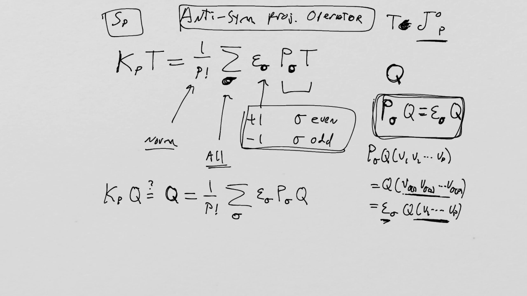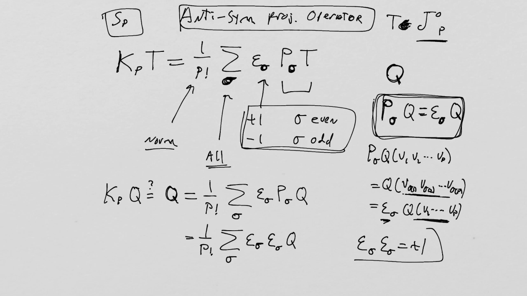That's this definition right here, where T is Q. Now Q has this property: P sigma of Q equals the Levi-Civita of sigma on Q. So this is 1 over P factorial times the sum over all permutations of epsilon sigma times epsilon sigma again of Q. But we know that epsilon sigma times epsilon sigma has to equal plus 1. It can't equal anything different.